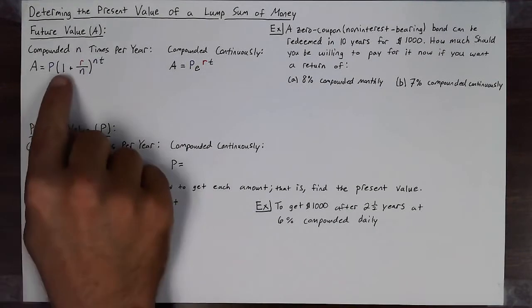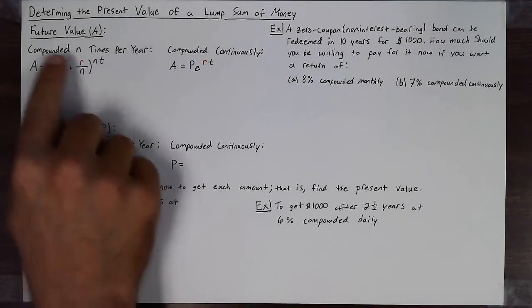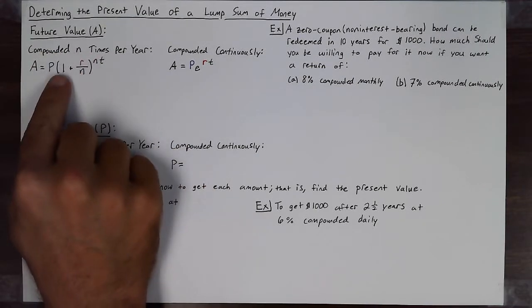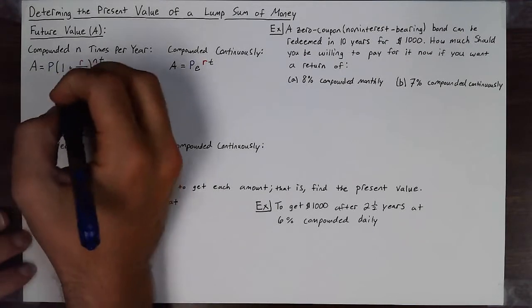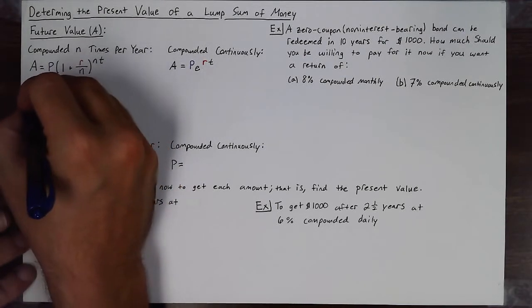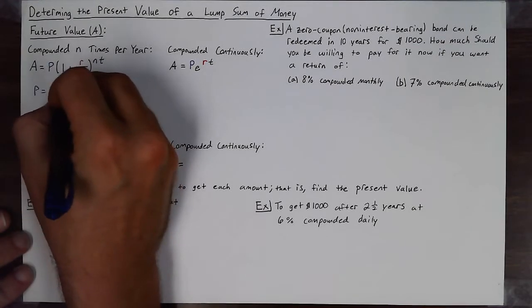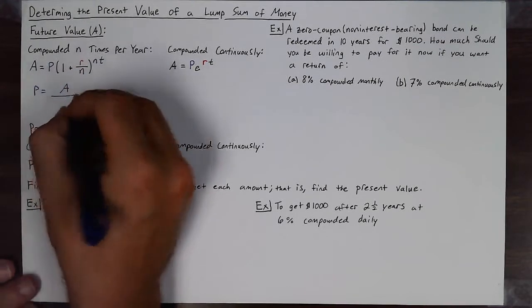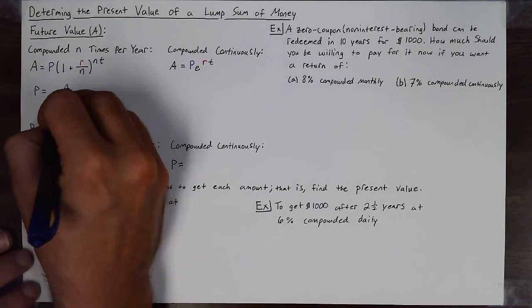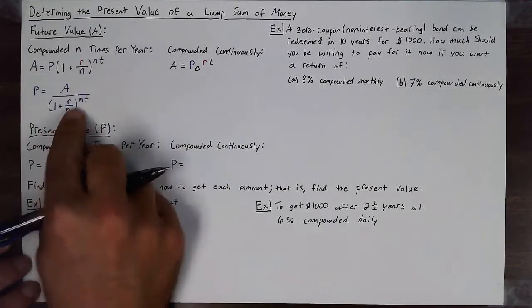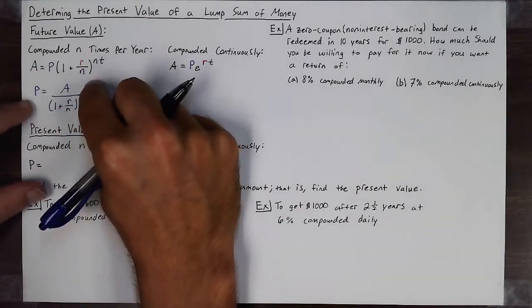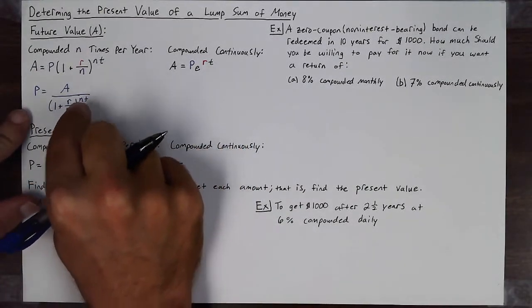So we need to divide each side of the left equation, when you're compounding n times per year, by 1 plus r over n to the nt. So we'll have P is equal to A over 1 plus r over n to the nt. And when you do this, you can move that expression to the numerator by making the exponent negative.